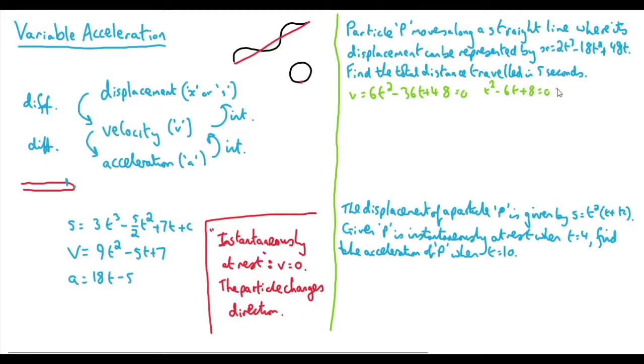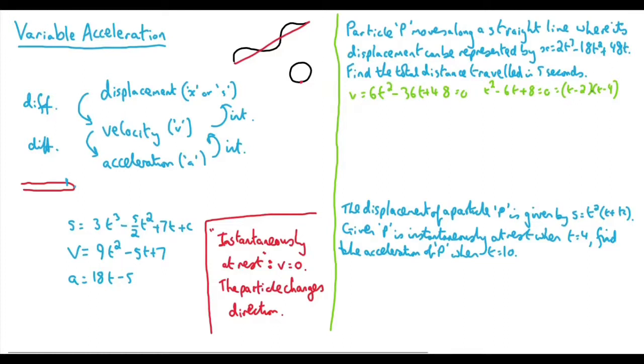And this we can break down into two brackets of t minus 2 and t minus 4, because t times t is t squared, t times minus 4 is minus 4t, minus 2 times t is minus 2t, so together that's minus 6t, and then minus 2 times minus 4, because a minus times a minus makes a plus, is plus 8.